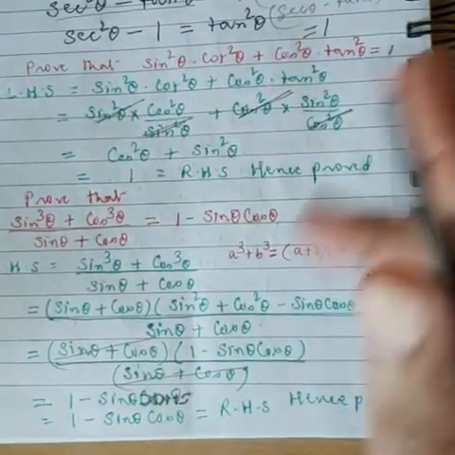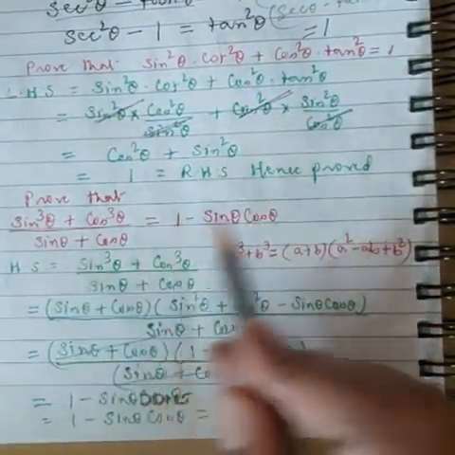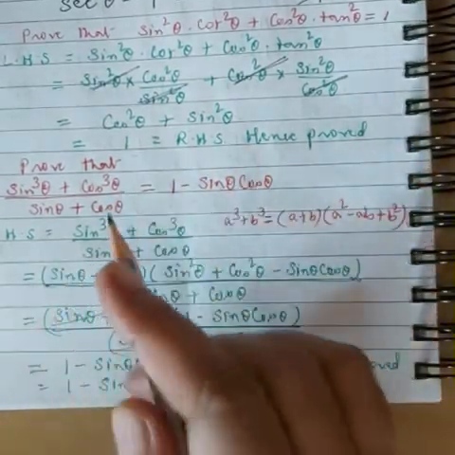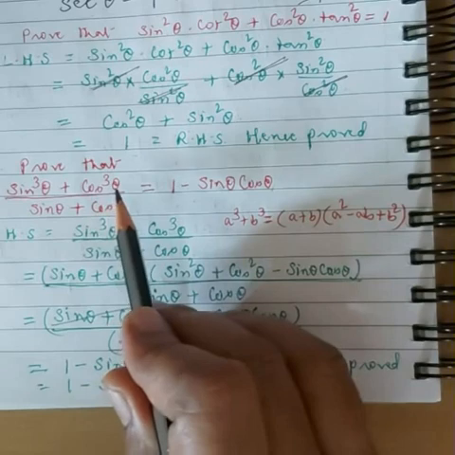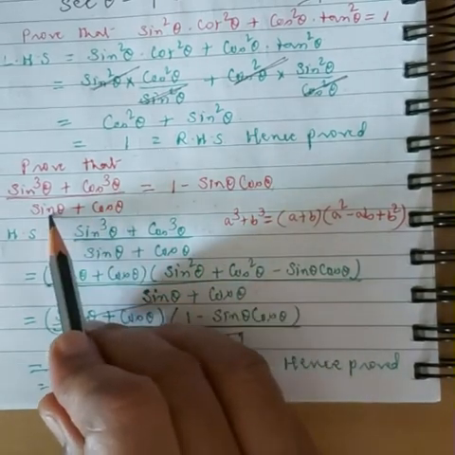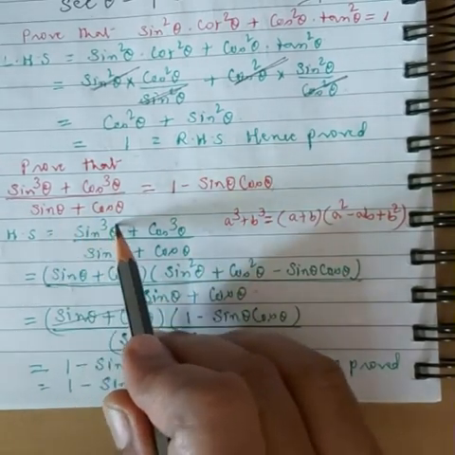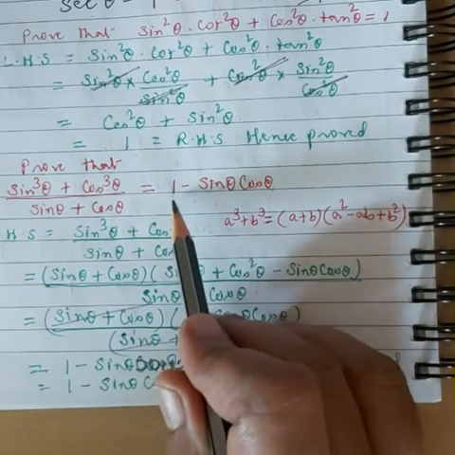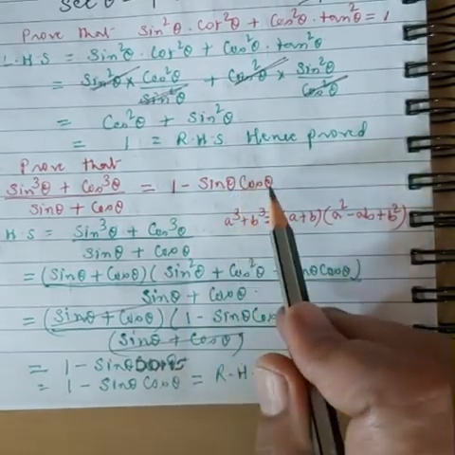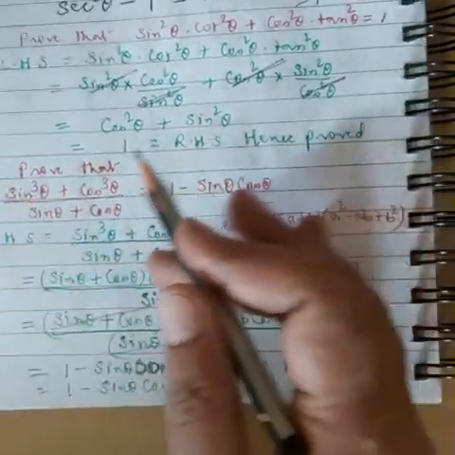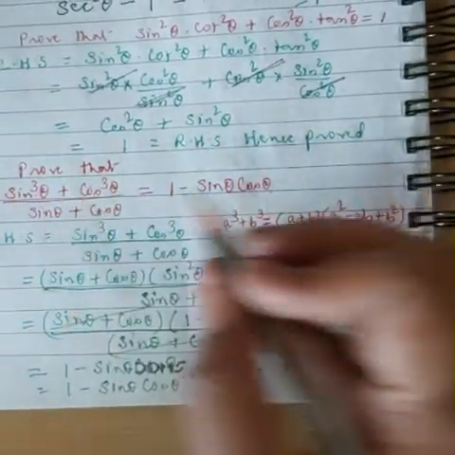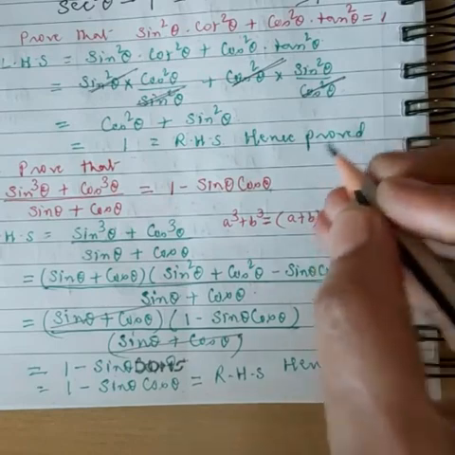Now let us come to the next identity. Prove that sine cube theta plus cos cube theta divided by sine theta plus cos theta is equal to 1 minus sine theta into cos theta. Now see here, sine cube theta plus cos cube theta. For this you have to remember one identity.